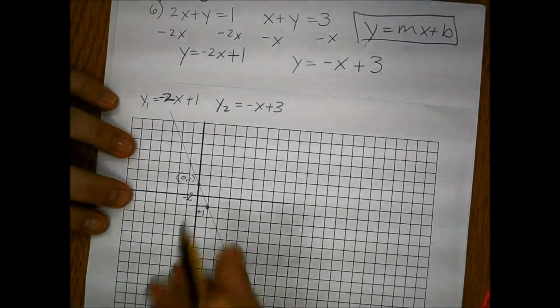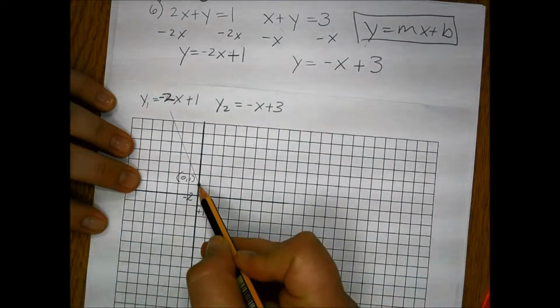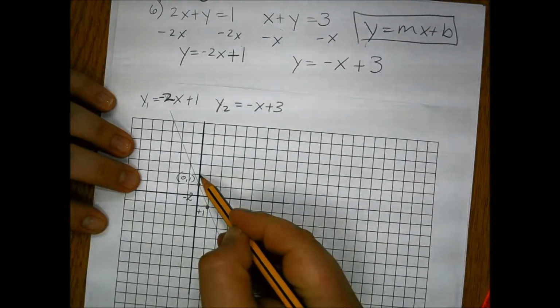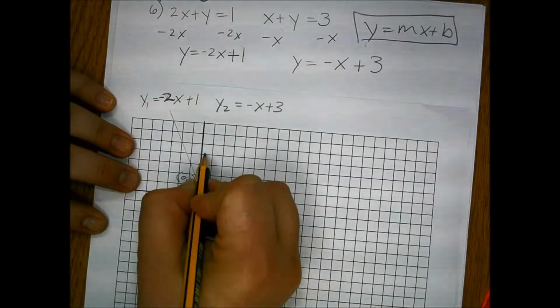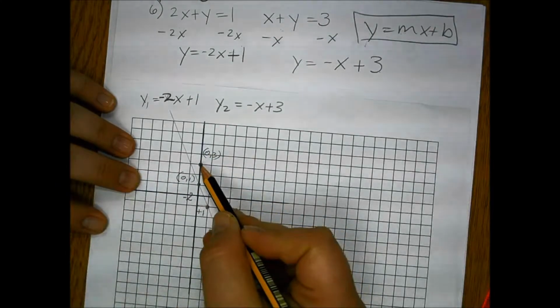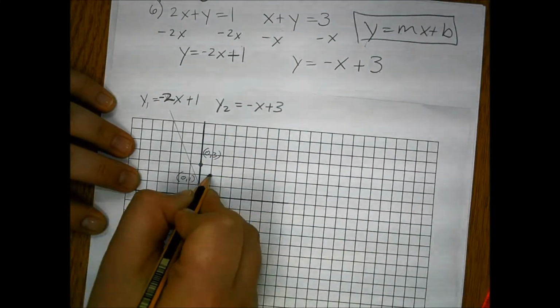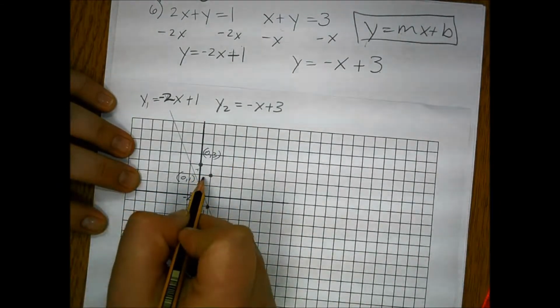The next one, y equals negative x plus 3, my y-intercept is (0, 3), and my slope is negative 1 over 1, which means I go down 1 and right 1.